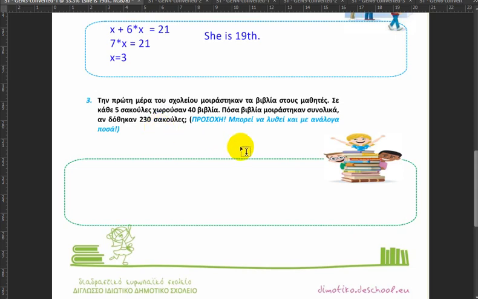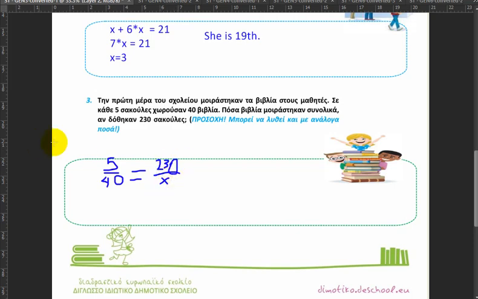So, as it says here, there are 2 ways to go about this. The one way, which is the way that it tells you, is you could say that if for 40 books we got 5 bags, then for 230 bags we got X books.